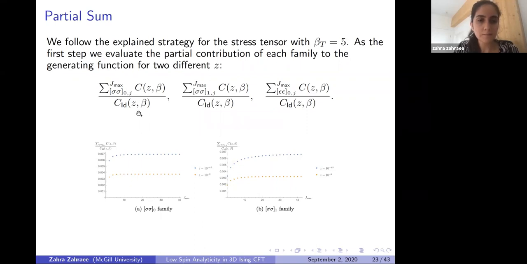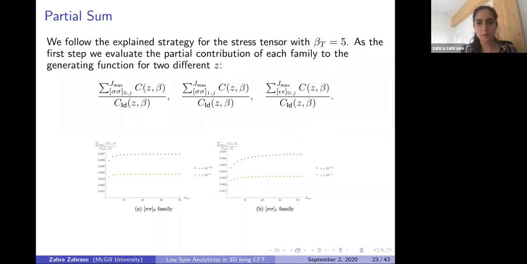We divide it by the identity to get the relative contribution of each operator and for us to be able to compare contributions at different z. So basically the question we want to answer by this study is to find out how small z we can go.